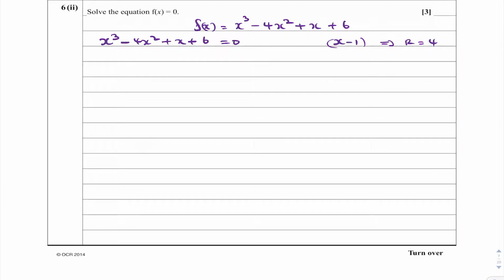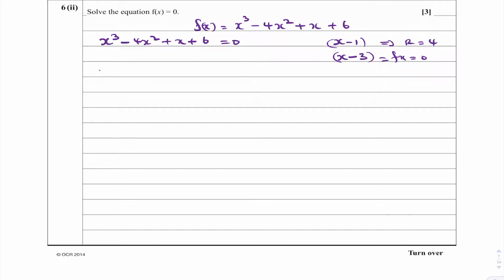We know one of the factors is x minus 3, and that gives f(x) equal to 0. So we need to use that, and the way to use it is to divide the function by x minus 3 to find the other factors.